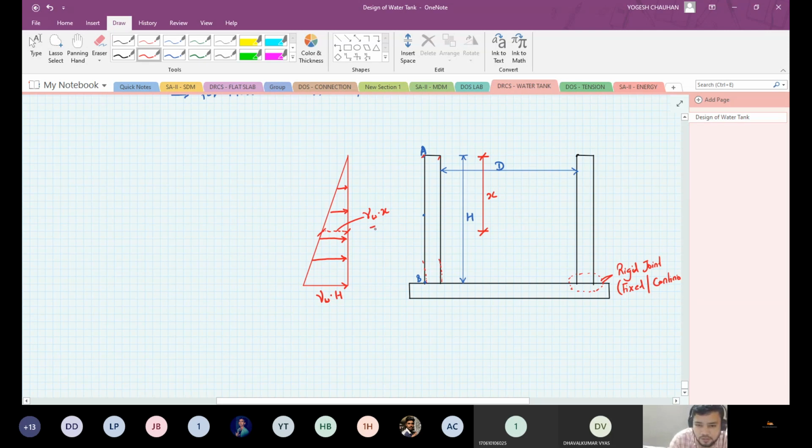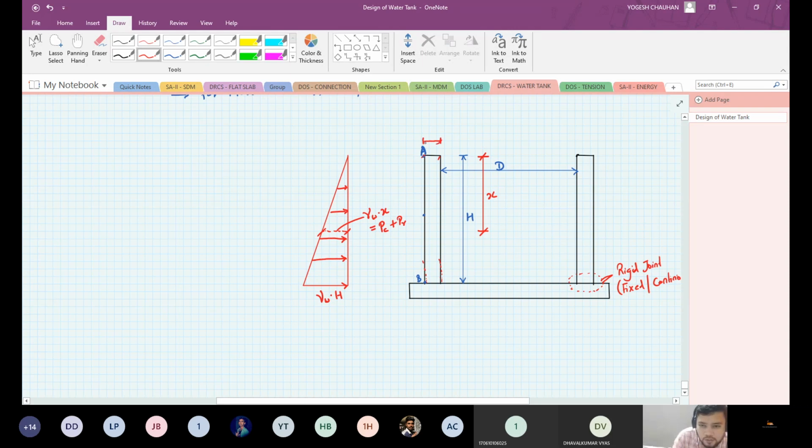This pressure is resisted by the cantilever action and the hoop tension, that is the radial pressure. It will be equal to the pressure due to cantilever action plus that due to radial action.